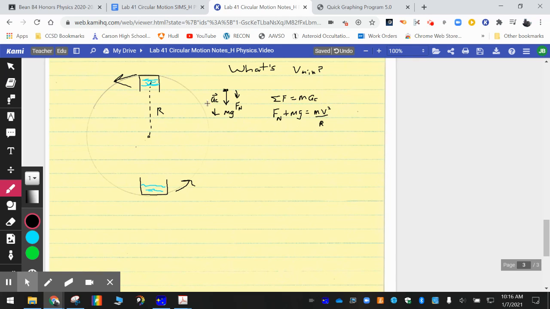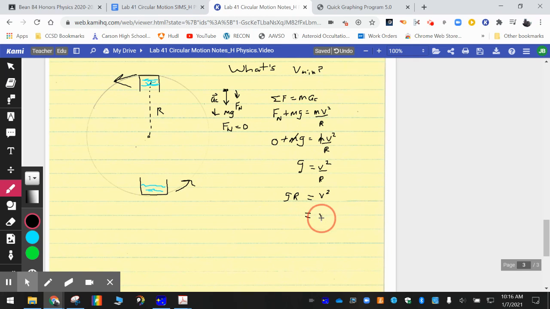To do this problem, we have to look at the situation where the normal force is equal to zero. So we put a zero in here, and mg is equal to m v squared over r. Looking closely, the masses cancel out. That's interesting. So g is equal to v squared over r, and v squared is equal to gr.